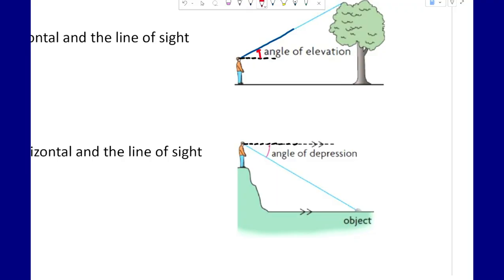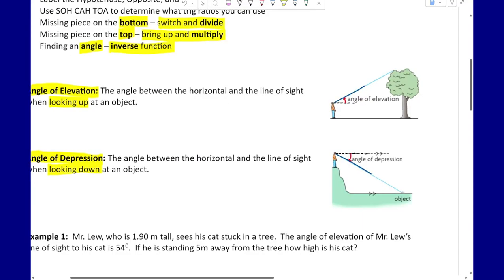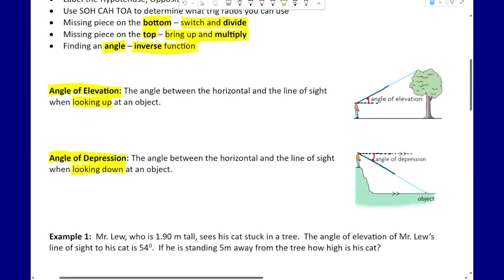The angle of depression then measures from that horizontal line and down to our line of sight. So again, angle of depression is down, angle of elevation is up. Those are phrases that you might see in the scenarios that give us more information about the problem.